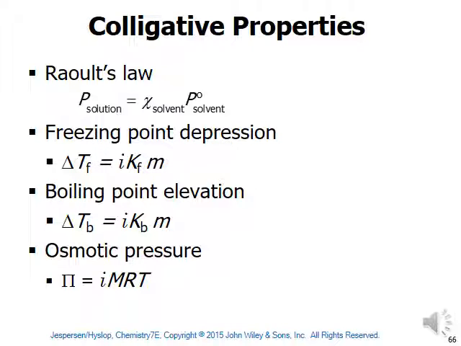It changes freezing point and boiling point, etc. But we have different things that we used before. We had Raoult's law, freezing point depression, boiling point elevation, and osmotic pressure.